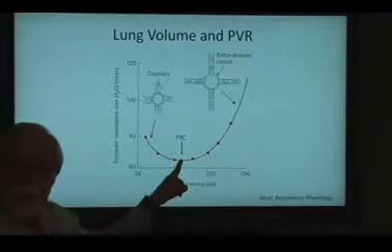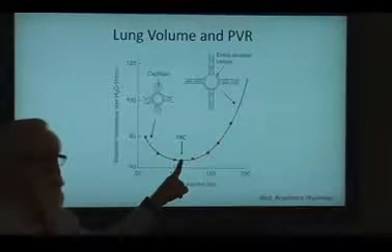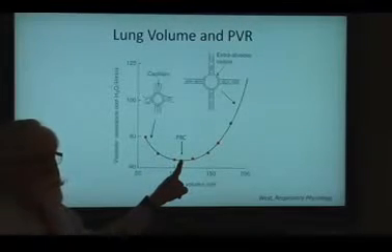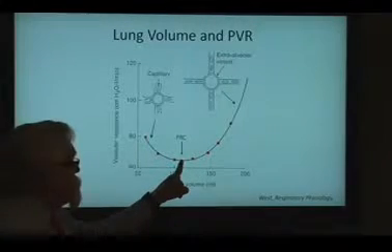It will go down. So we would expect that the patient's hemodynamics would improve. If there's less pulmonary vascular resistance, there's better left heart filling, better cardiac output, better systemic blood pressure.